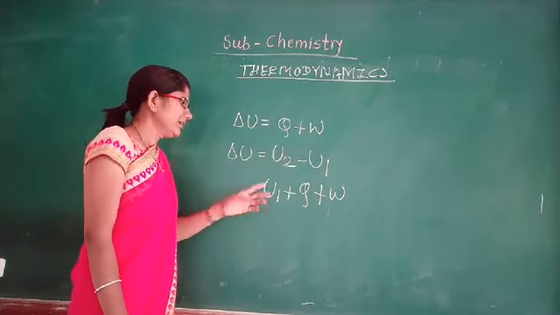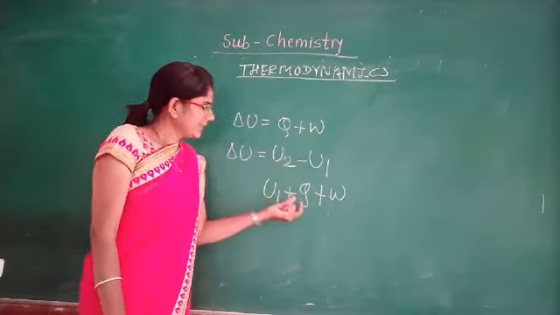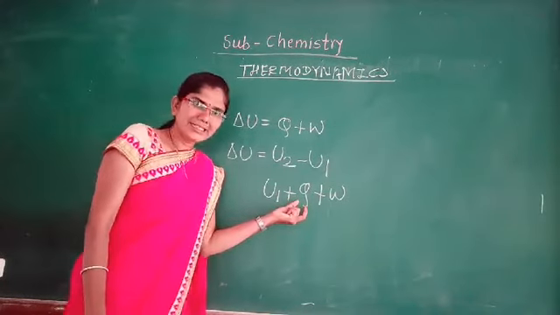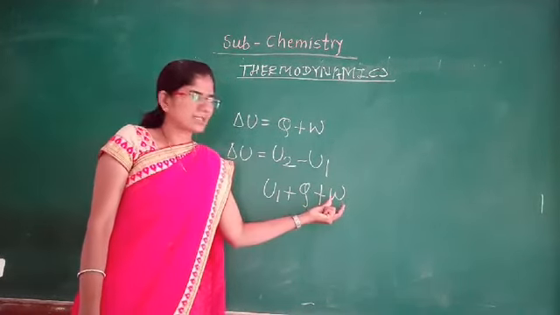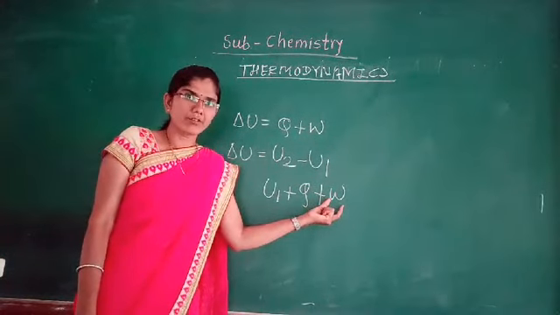When there is internal energy U1 and it absorbs some heat, at that time work is done on the system, and it is called a compression type of work.